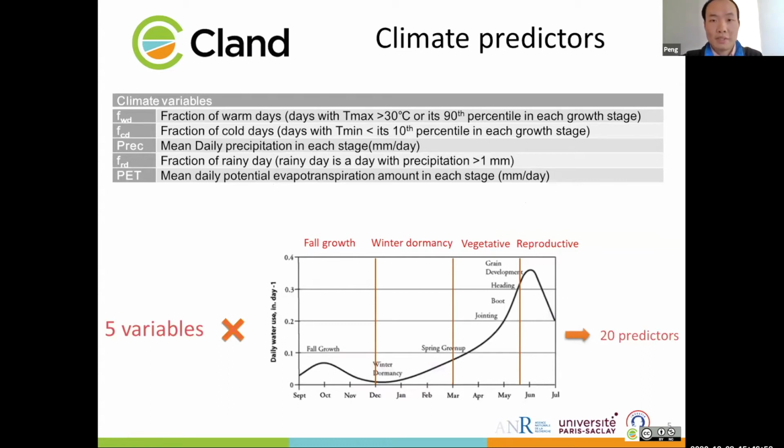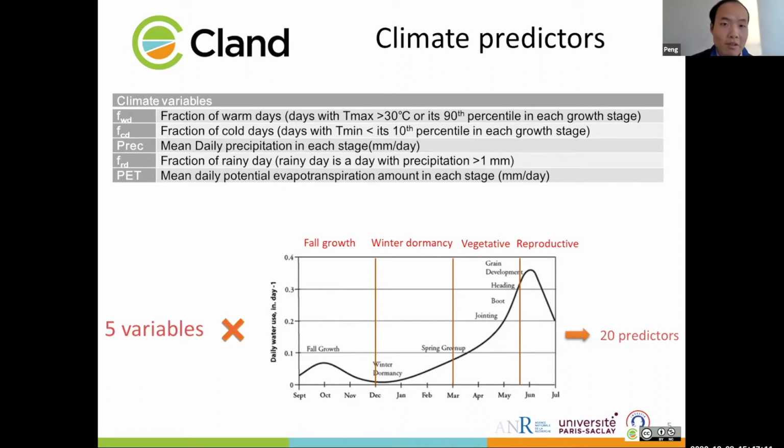First, let's see what kind of climate variables have been used for the random forest model. In total, we used 20 climate variables as predictors. The 20 climate variables are created by integrating 5 types of climate variables over 4 wheat growing seasons.